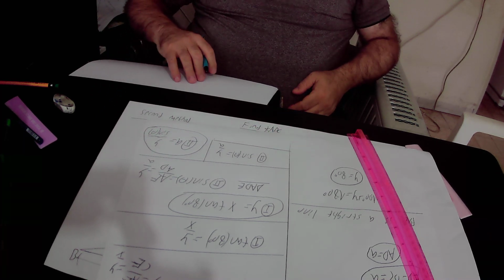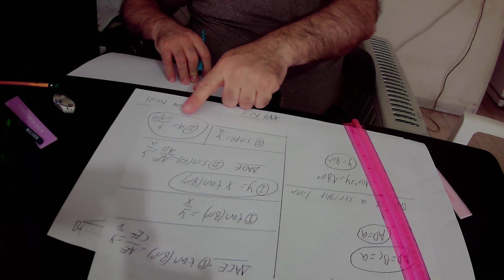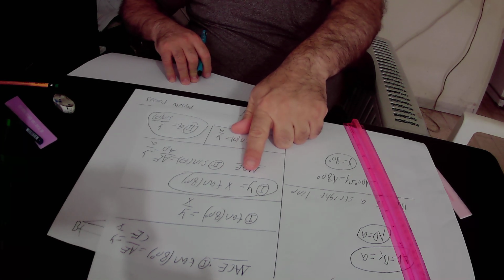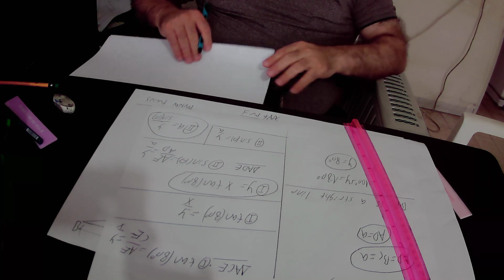In the next step, we will substitute Y by X times tangent 80 degrees, because Y equals X times tangent 80 degrees according to equation number 1.